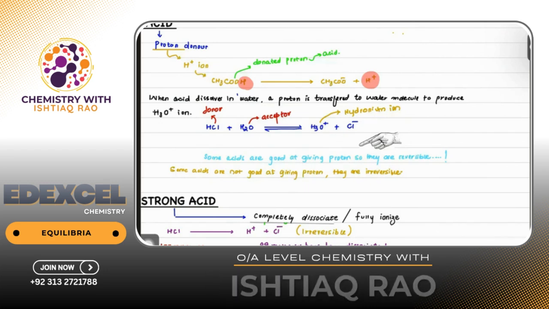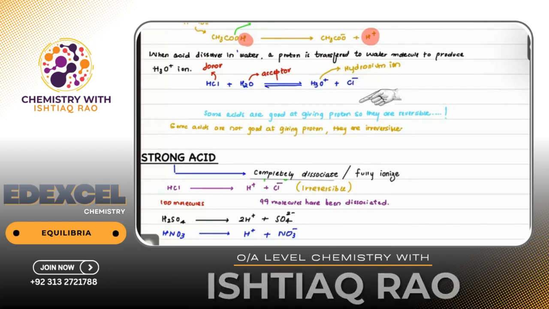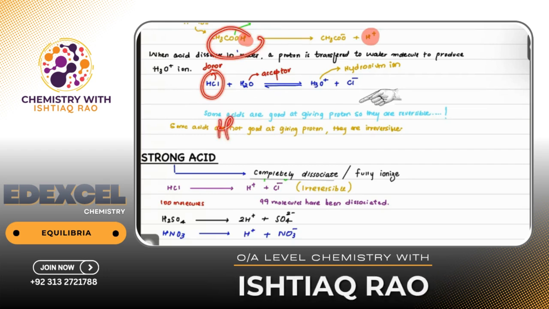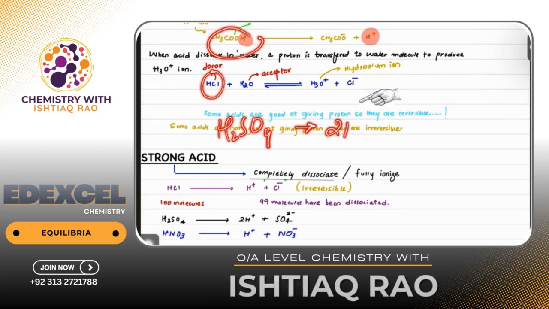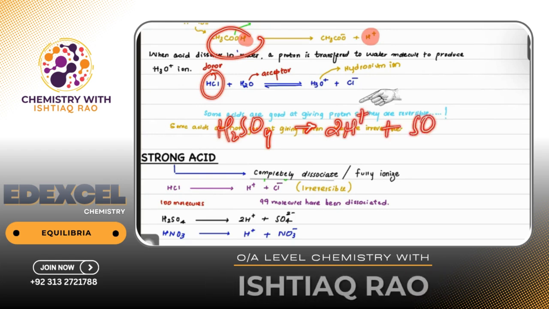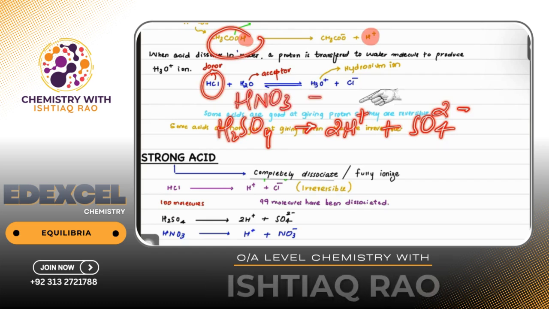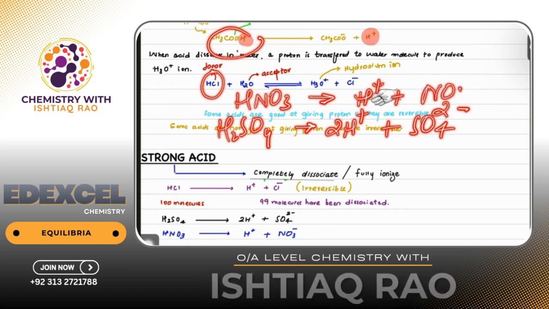Then this is another example of acid, in which H2SO4 will be giving its proton just like that. Then we have another example, HNO3, nitric acid, which gives its H positive ion like that.